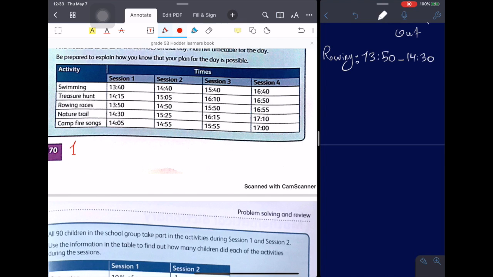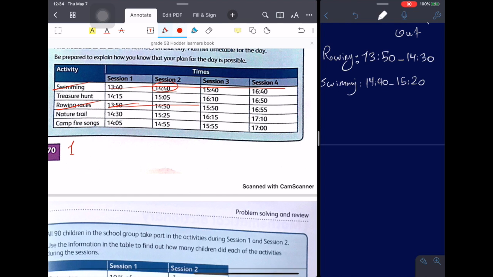Now, at 14:30, she can directly go to swimming, which starts at 14:40. After 40 minutes, she's going to end by 15:20, having experienced swimming and rowing race.